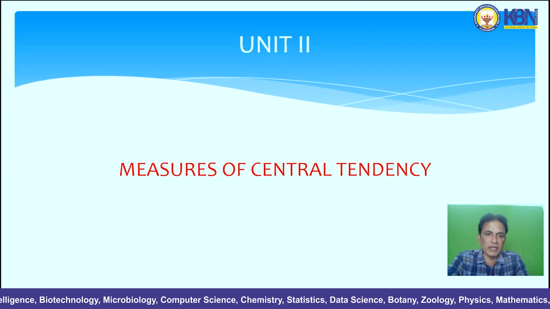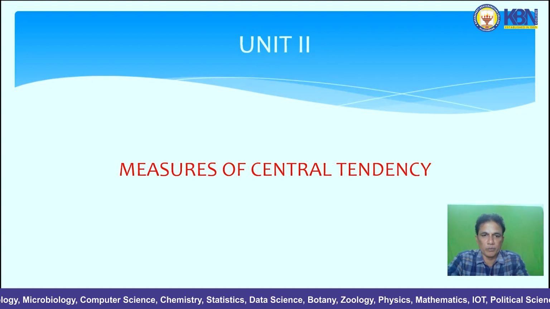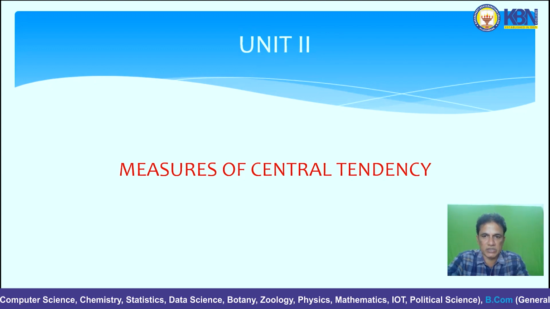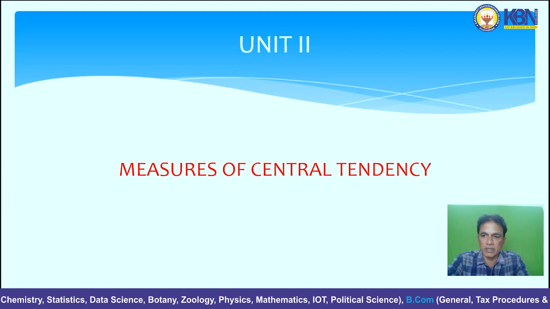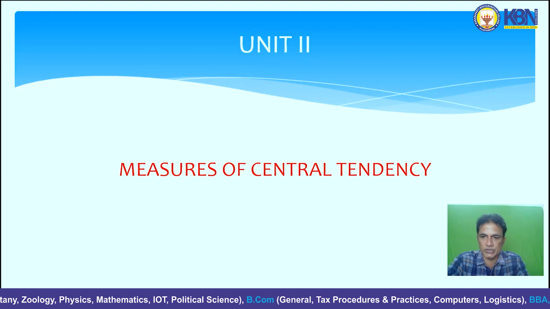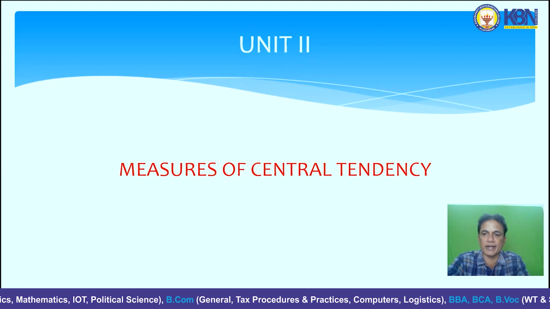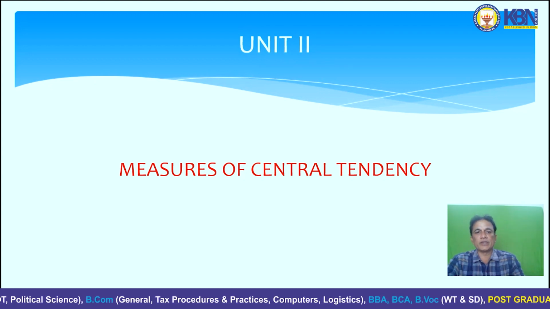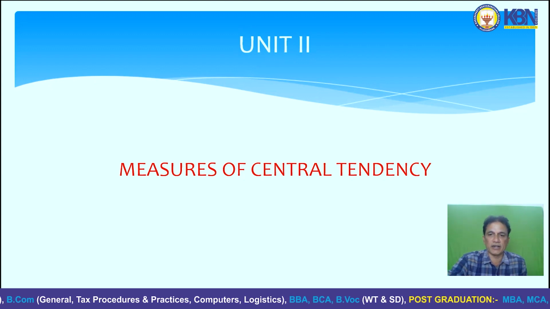First of all, what is the meaning of measures? Measures are nothing but methods. Central tendency is nothing but the average value of the given series, the average value of the given data. So first you should know the meaning of central tendency.